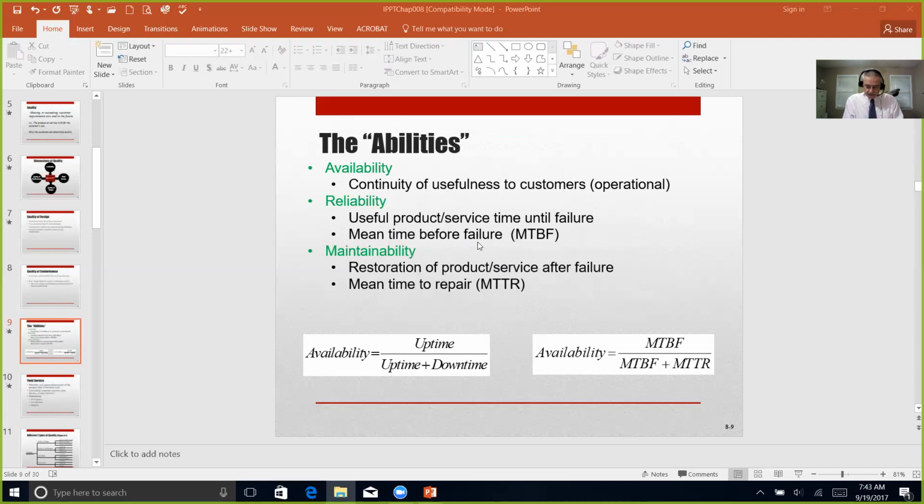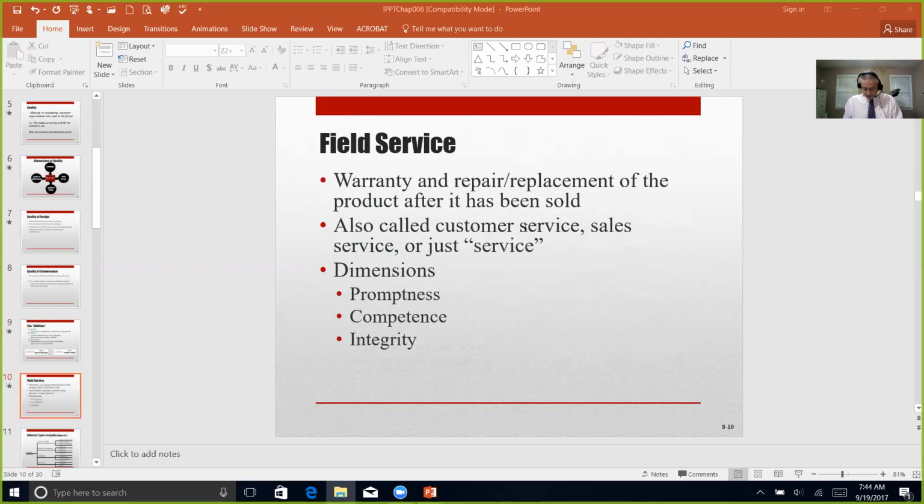And that certainly plays into how close your after service to the customer is, the quality of that service, where your repair places may be, what's the process that a person will go through to contact and get repairs, and how those repairs are scheduled and implemented in a timely fashion. So that's maintainability, to return it to service as quickly as we possibly can, which goes into the field service aspect, the last dimension of quality.